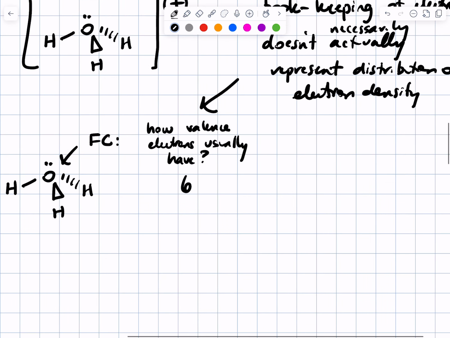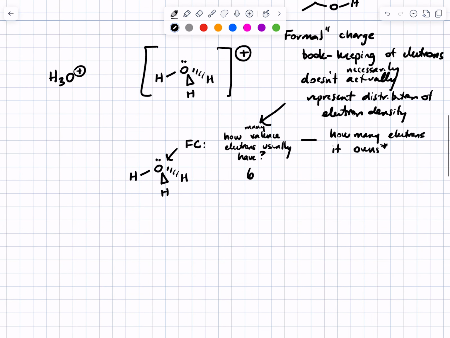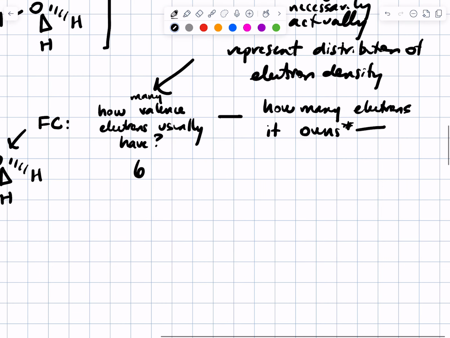And then you're going to compare that number with how many electrons it owns, where the number of electrons that it owns equals all of the electrons in lone pairs and half of the electrons in bonds.